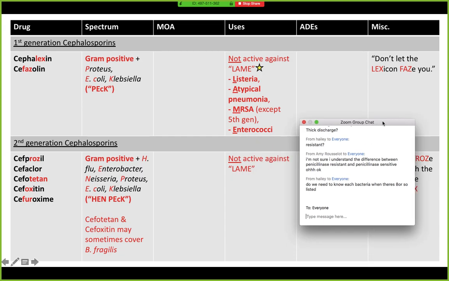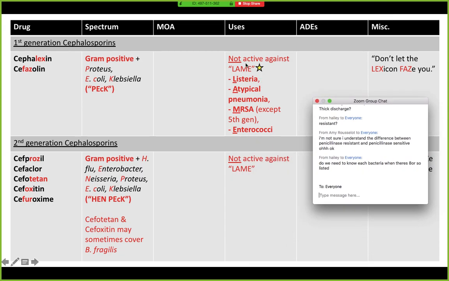And then super, super, super high yield is the fact that your cephalosporins are not active against Listeria, atypical pneumonia, MRSA, or enterococci.